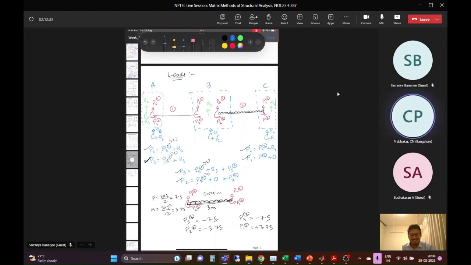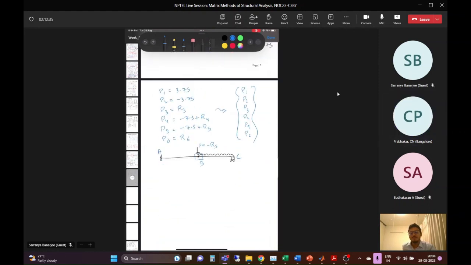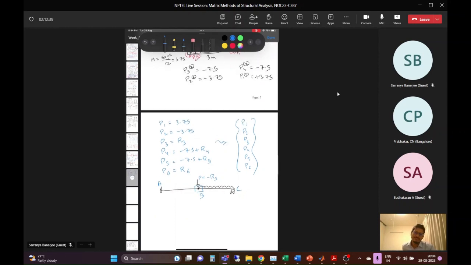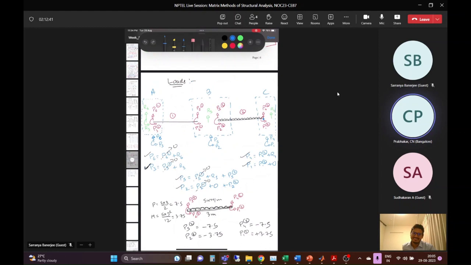So if you do that, would you find the unknown displacement? No, we cannot find that. For that fixed moment, whatever the slope comes, we are releasing that moment and getting the rotations for the unknown displacement.